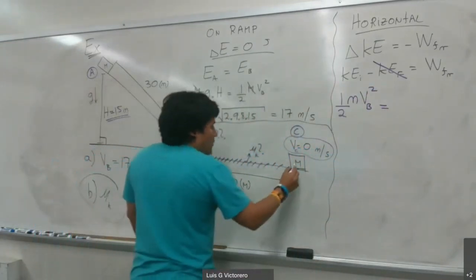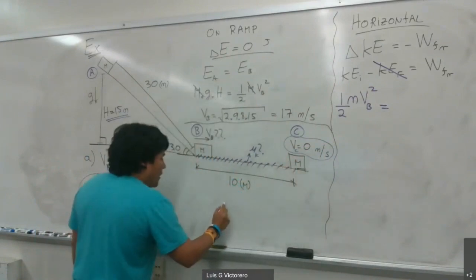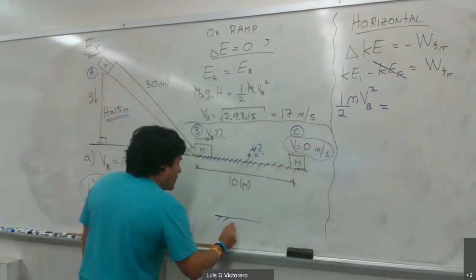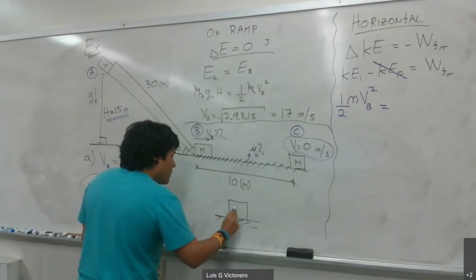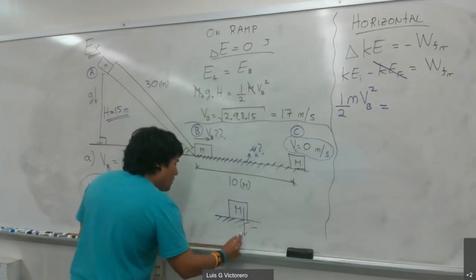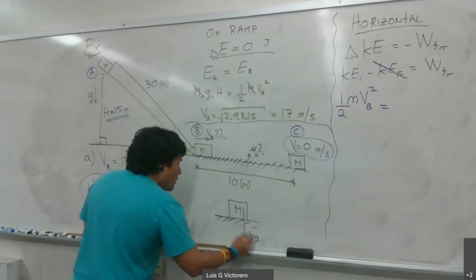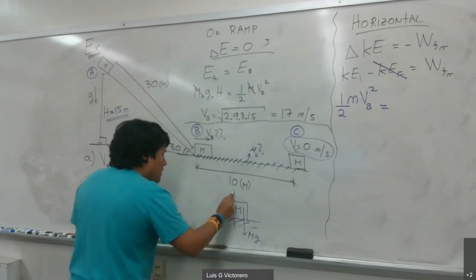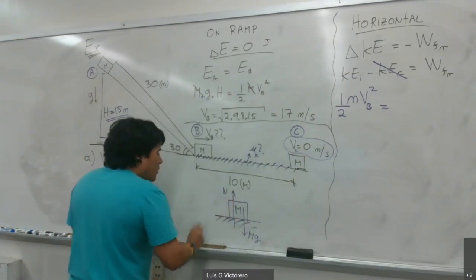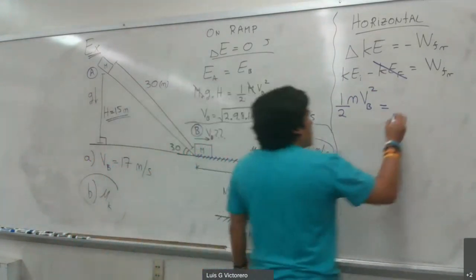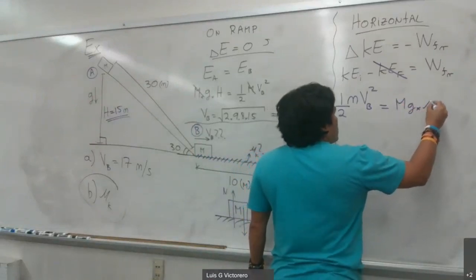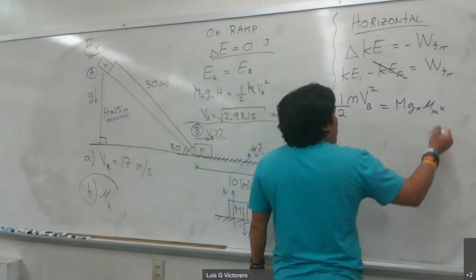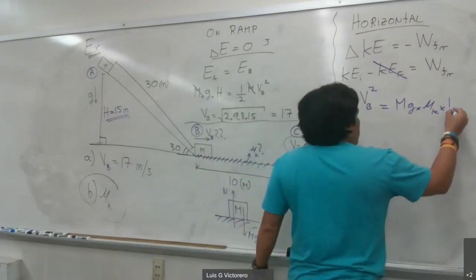Okay. So what's the work done by friction? If we do the free body diagram on the mass on the horizontal, we have mg, no other forces, just the normal, and there is mu. So it will be mg, which is the normal, times mu k times the distance 10 meters.